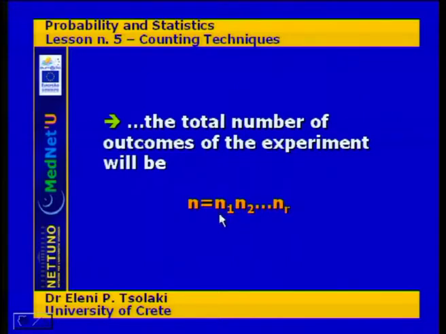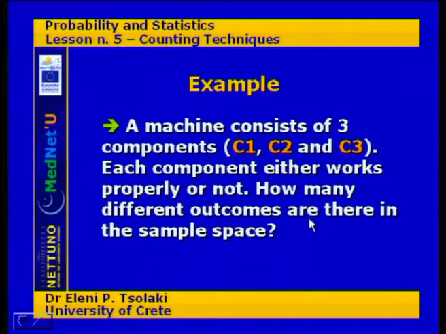That is, the number of elements of the first sub-experiment, the number of elements of the second sub-experiment, and so on, all multiplied together.